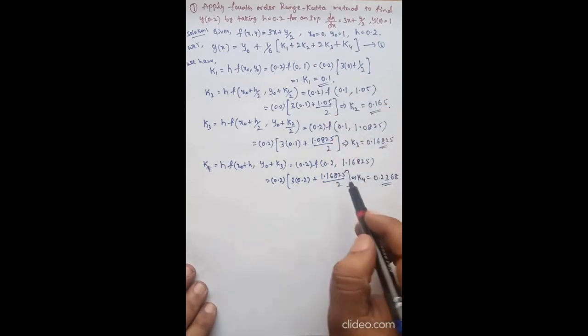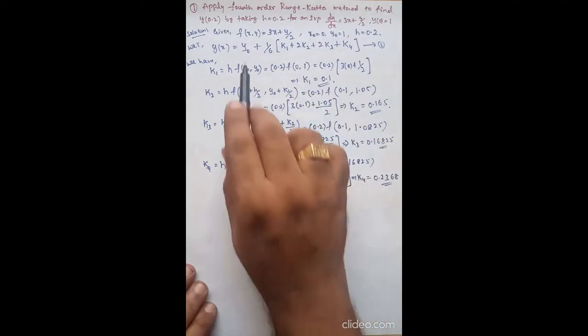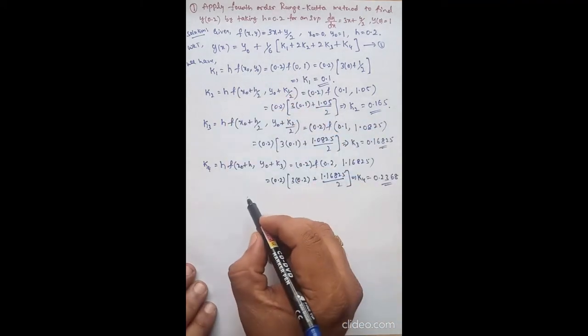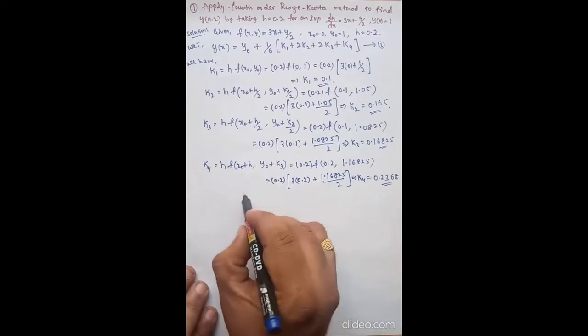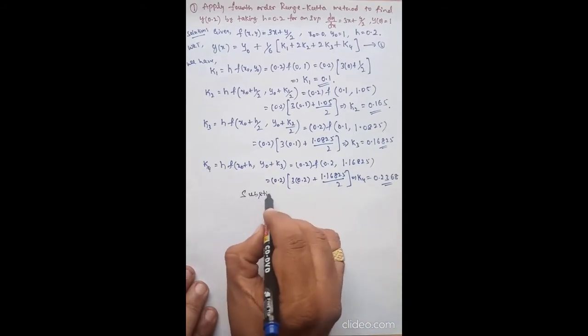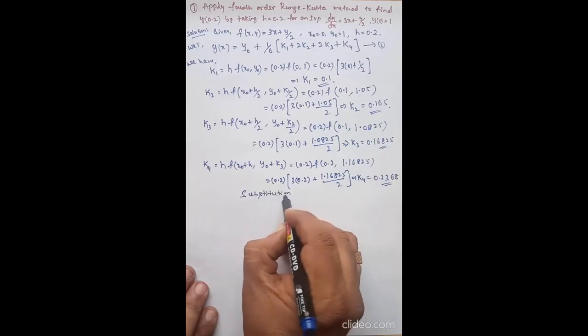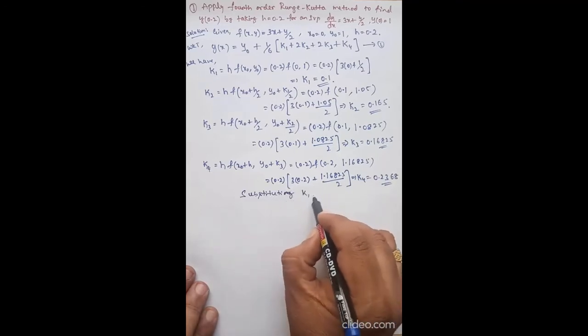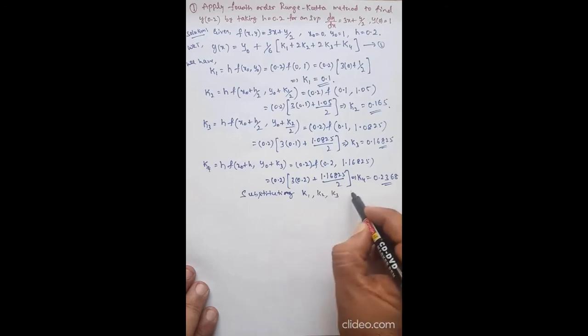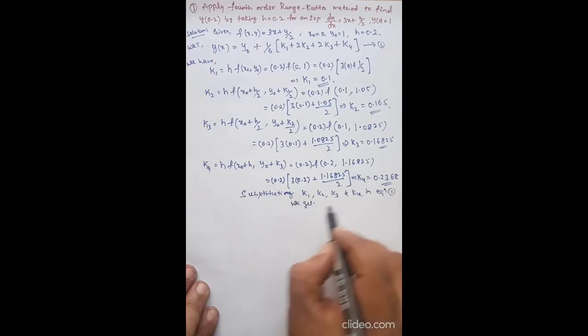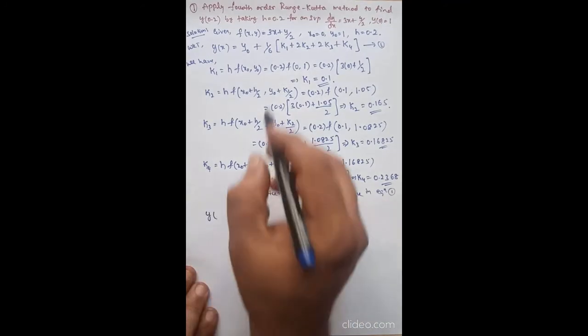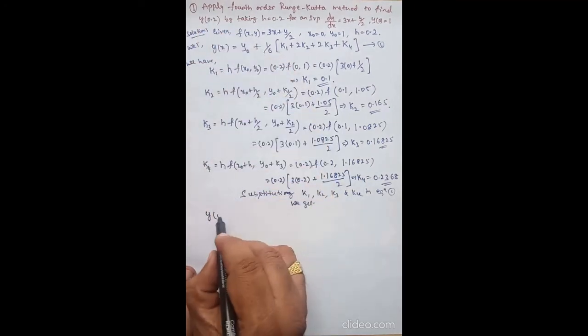So let us substitute these values in equation 1 along with y0. So the last step, substituting K1, K2, K3 and K4 in equation 1, we get y of x. X means what? 0.2.